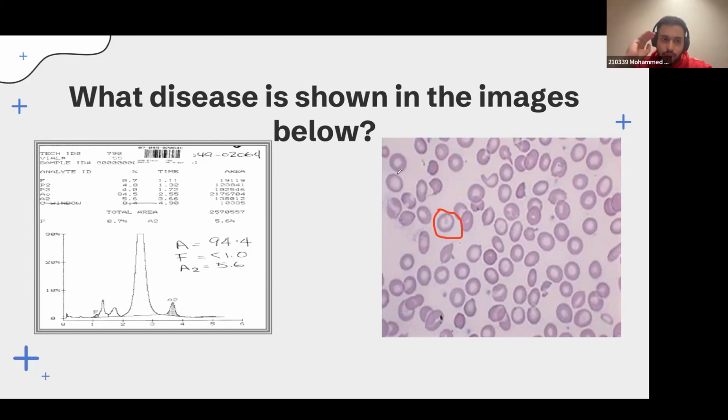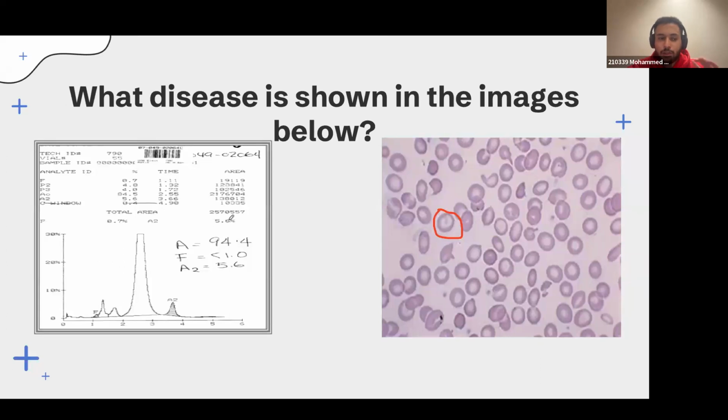RDW is low or normal, whatever. So it's not high. It's an important thing. Now, you're looking into electrophoresis because obviously it's a hemoglobinopathy in beta thalassemia minor. Which value are you going to look into? A2. And what was the cutoff that I said?